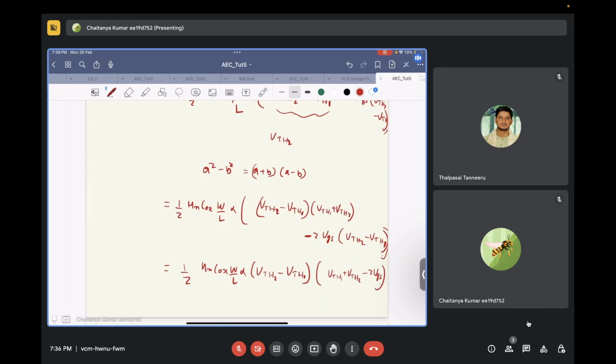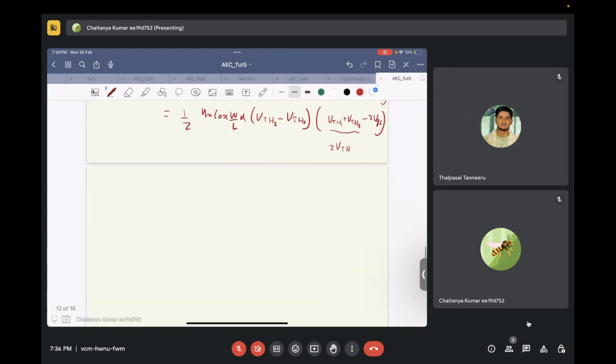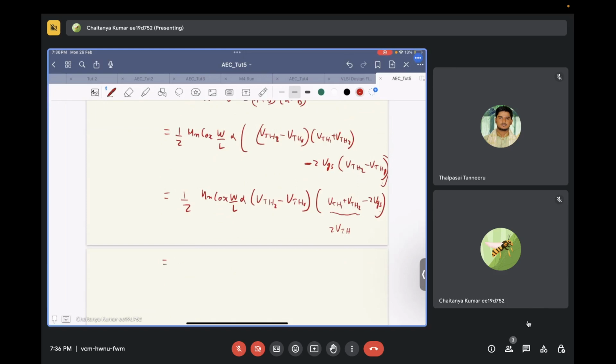Okay. Now VTH1 plus VTH2 can be roughly written as 2 VTH. There will be some delta VT, but with respect to VTH, that delta VT will be much smaller. So this can be roughly written as 2 VTH. Can you see that? Yes, sir. So now this is delta VT.